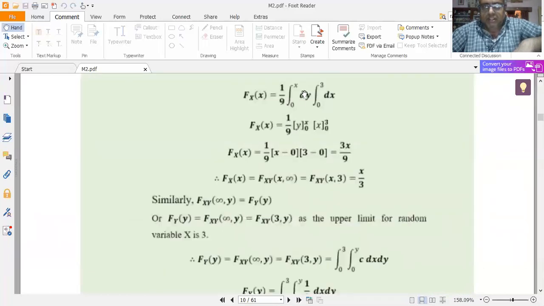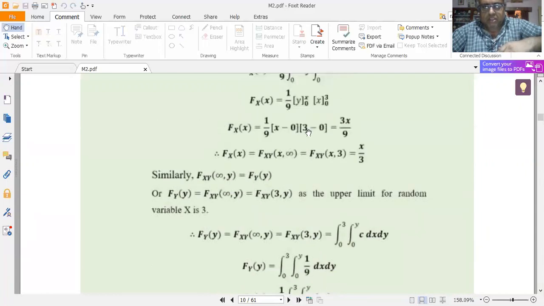Integral dy is y, integral dx is x. So Fx of x is equal to 1 by 9 into y, limit 0 to x, into x, limit 0 to 3. So this becomes 1 by 9 into x minus 0 into 3 minus 0, which is equal to 3x by 9. Cancelling 3 and 9, I get capital Fx of x, that is the marginal CDF, given by x by 3.